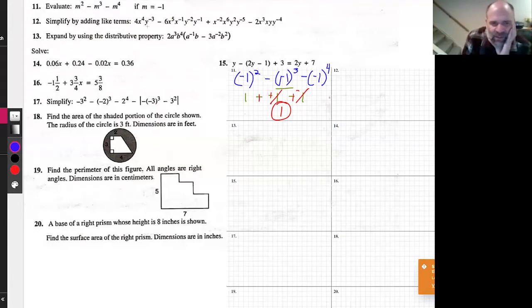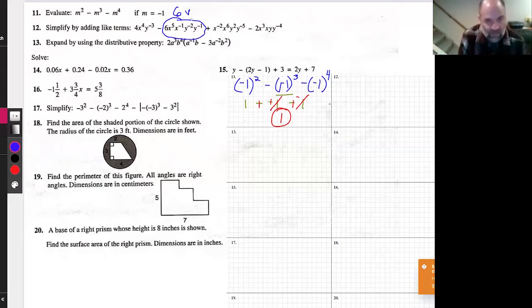Because really you're just adding the exponents, so I can clean that up to, let's see, add the x's together and you get x to the fourth, right?